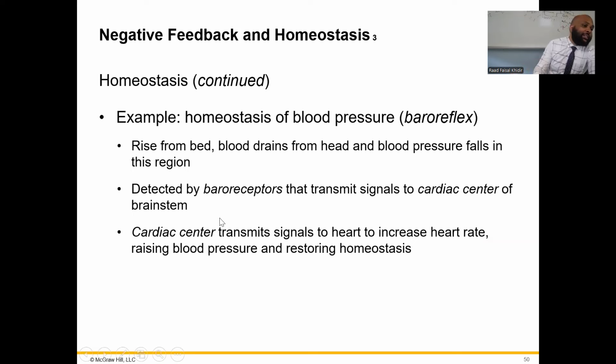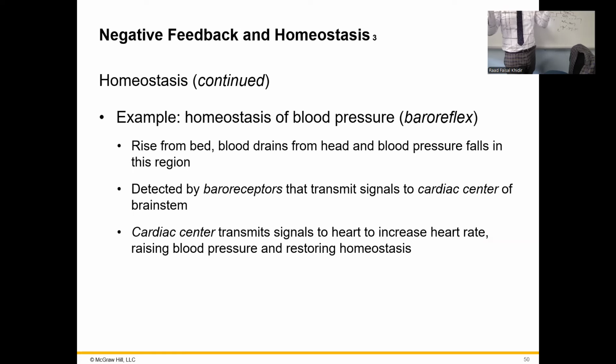So now the cardiac center of the brainstem is the integrator. Remember, I told you we begin with a sensor. In this case, the sensor is the baroreceptor. Because they are so close to the heart, they sense that there is a drop in the stretch of the aorta, in the stretch of the blood vessels close to the heart.